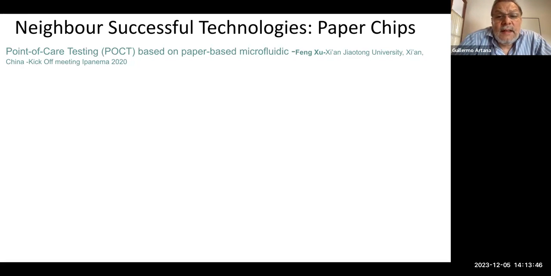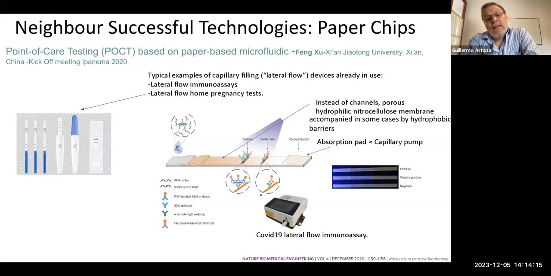In the Ipanema consortium, we have people from China, from Xi'an Jiaotong University, I apologize if I don't say it correctly, that are specialists in this kind of device. And I just want to mention some successful applications of this kind of device.